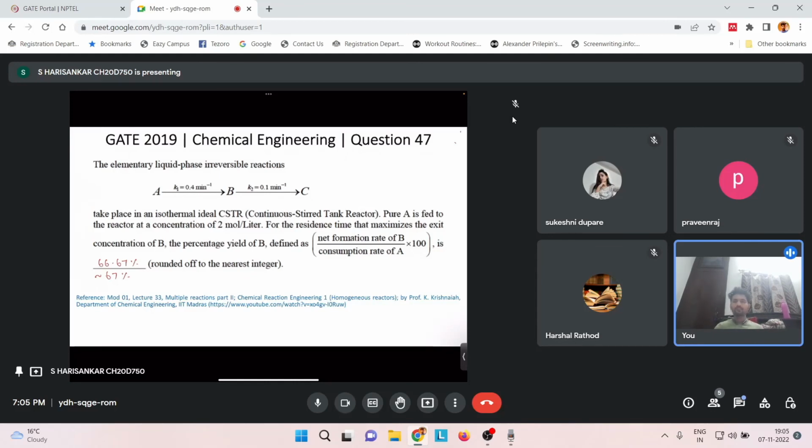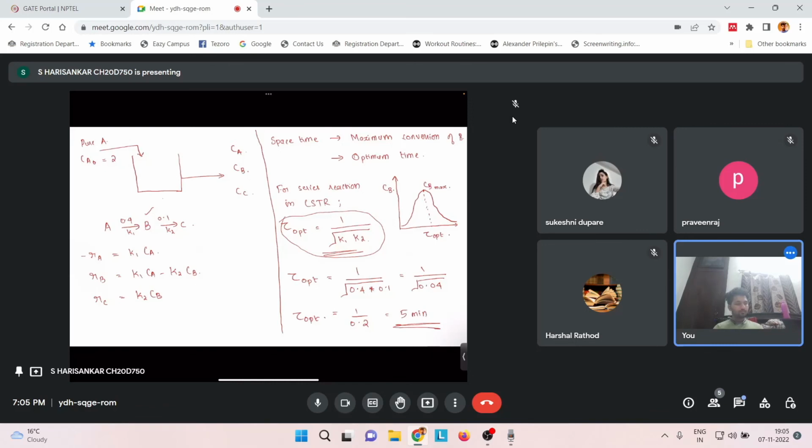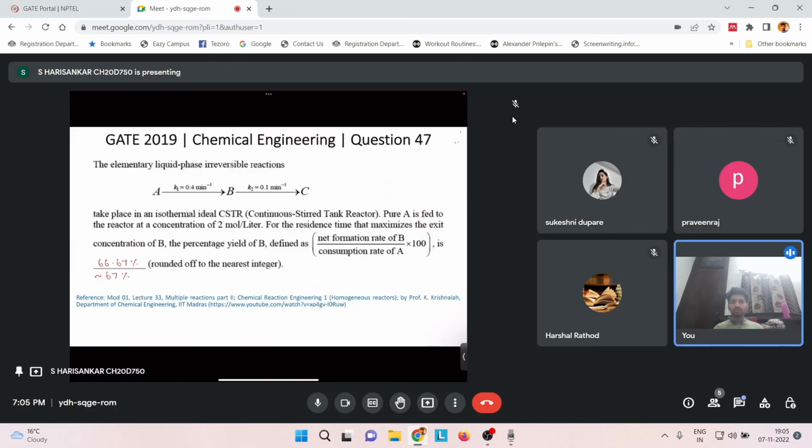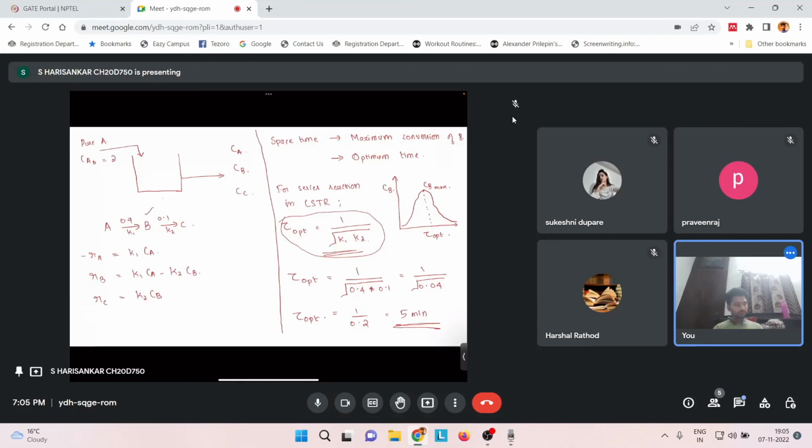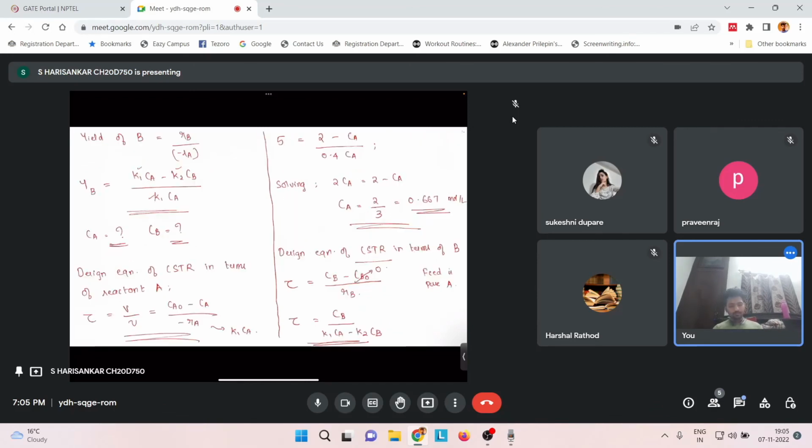Okay, is this clear? So basically what we did is, to find the yield of the product B, this was the formula K1 Ca minus K2 Cb by K1 Ca. Ca and Cb are unknown and we need to use the design equation of CSTR in terms of reactant A and product B to find Ca and Cb.